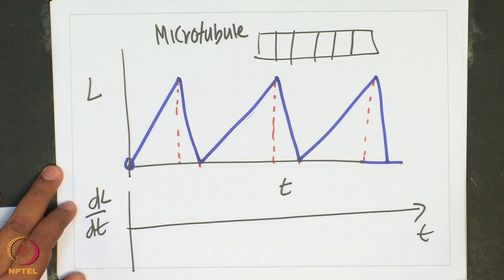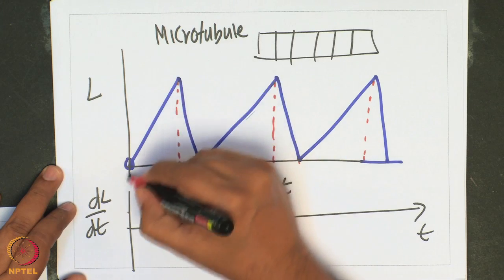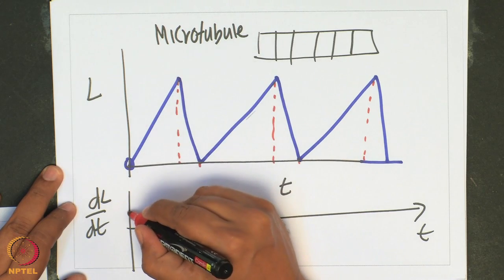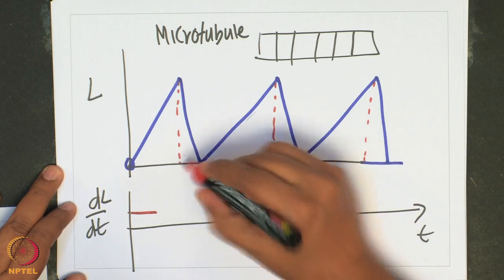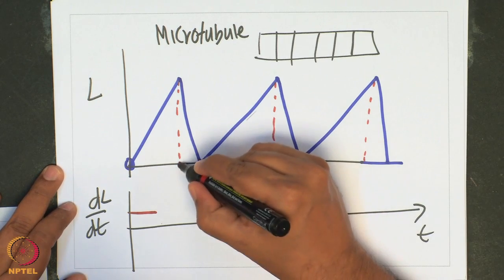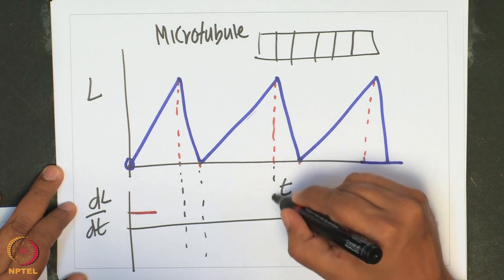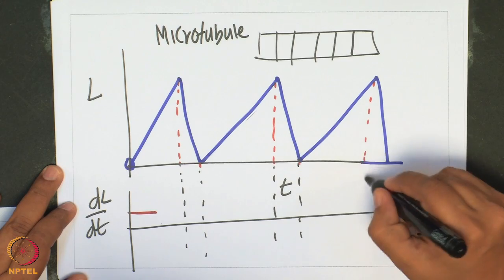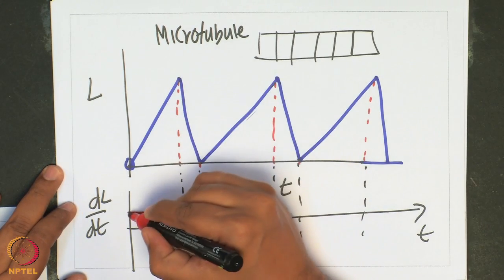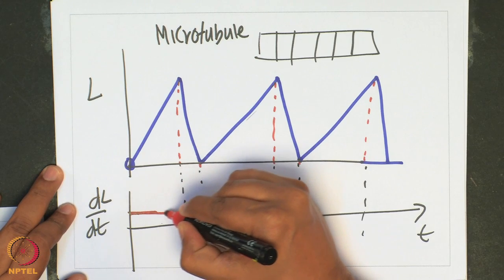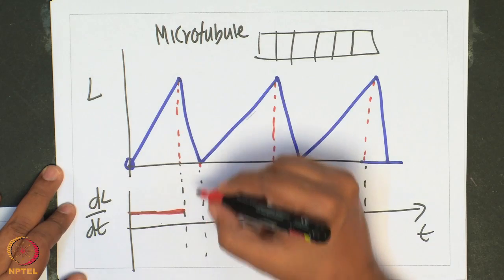I will draw it as a straight line, with the same slope up to this point, so let us extend this. Up to this point we have a straight line, a constant slope.